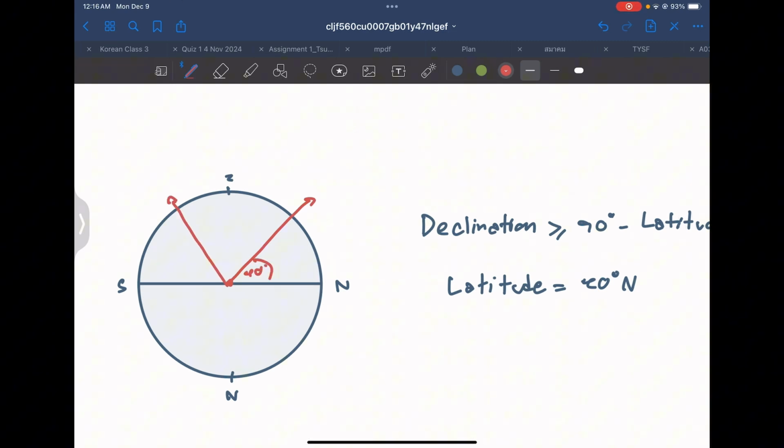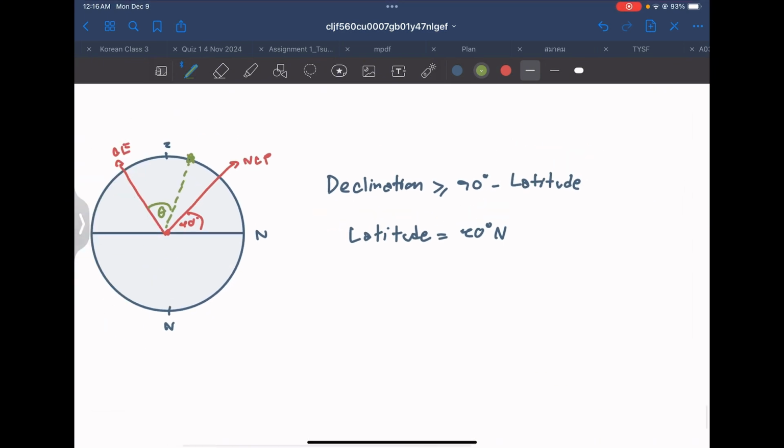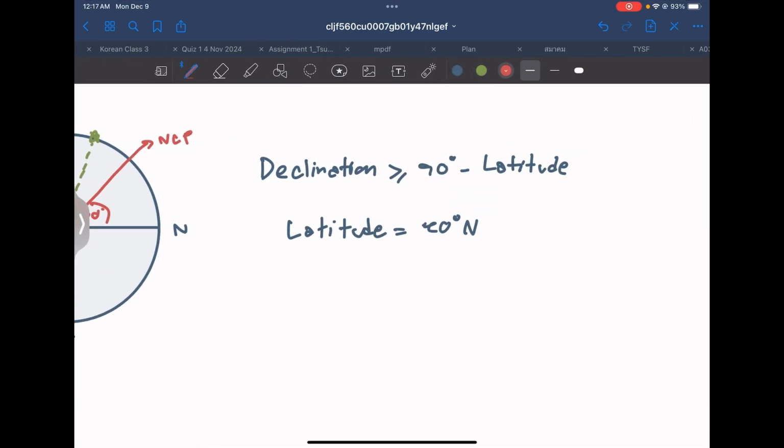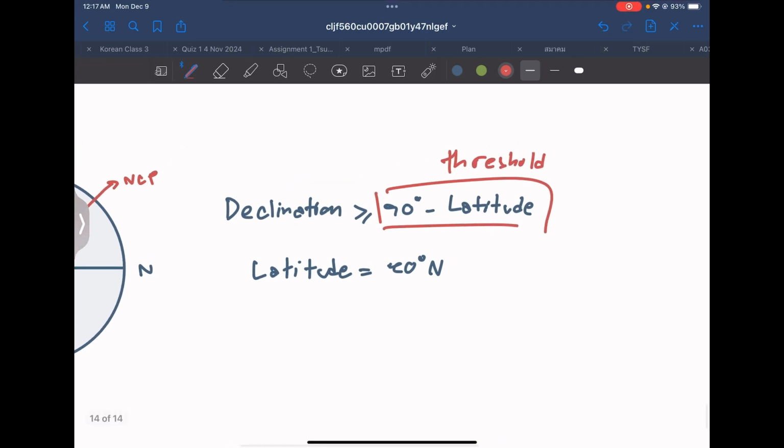This is CE, NCP, CE, and the star is right there. This is theta. I will call this a threshold to identify the circumpolar star.